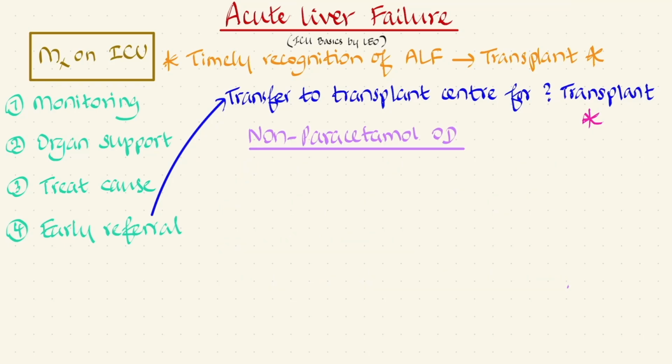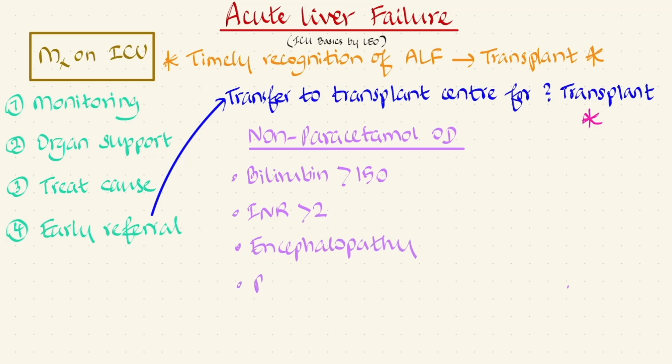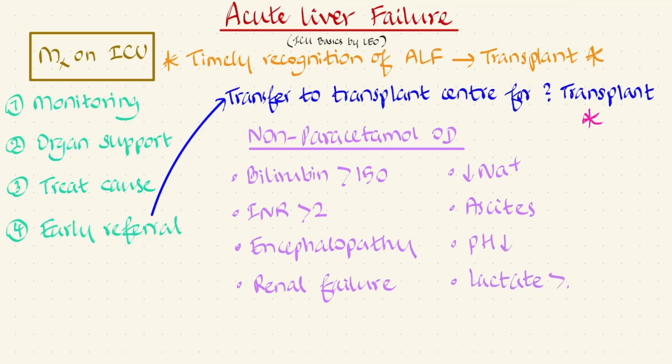For other causes of acute liver failure, we should consider discussing with specialist centers if they have jaundice with bilirubin more than 150, coagulopathy with INR more than 2, encephalopathy, renal failure, hyponatremia, ascites, and metabolic acidosis with lactate more than 2 following initial resuscitation.